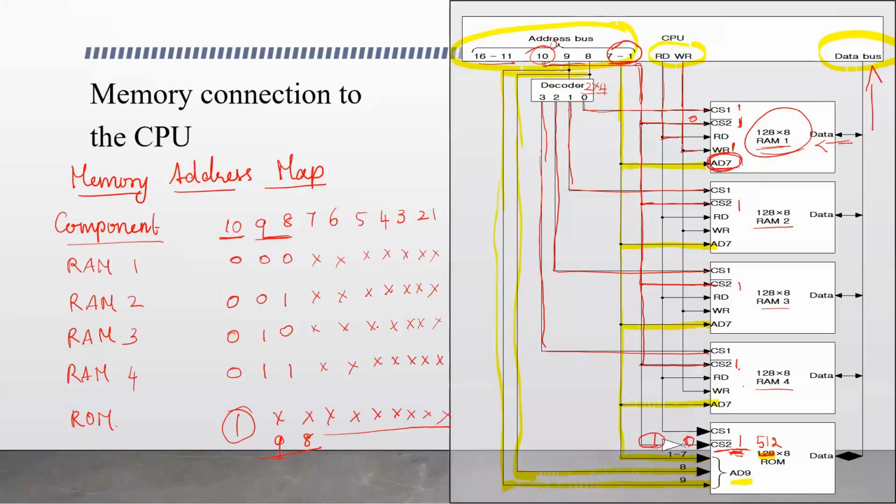And here we have seen the memory connection to the CPU and how the CPU uses these lines: the data bus to transmit data, read and write lines to control the operations of the memory, and address lines to select the particular component, either RAM or ROM, and from within that, the particular chip.